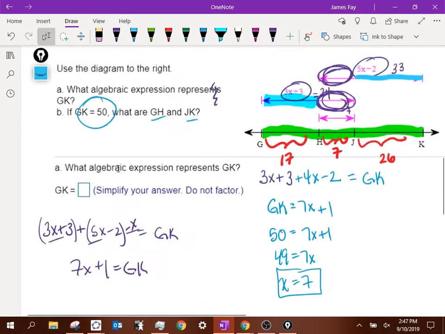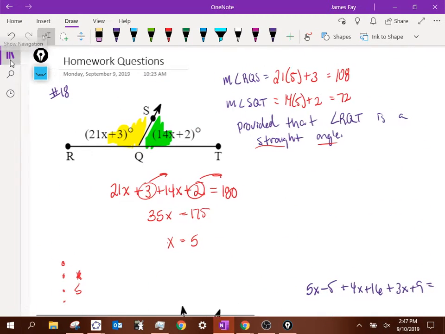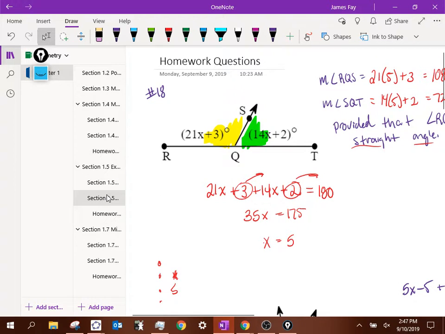What I would like to do is get into section 1.5.